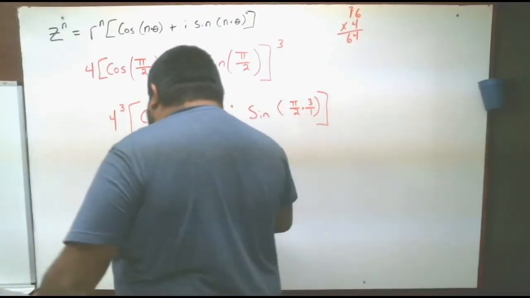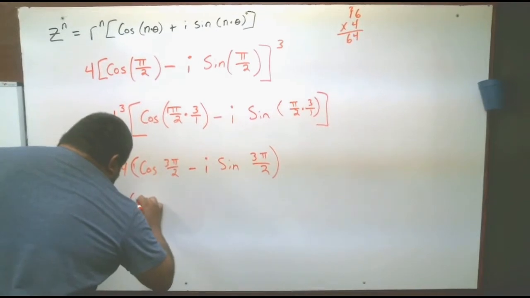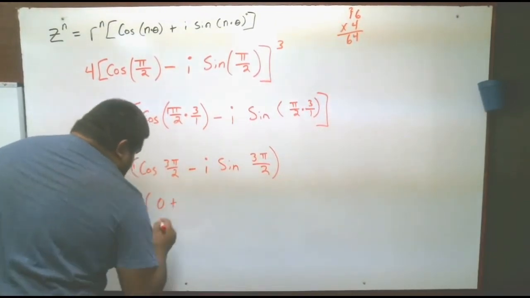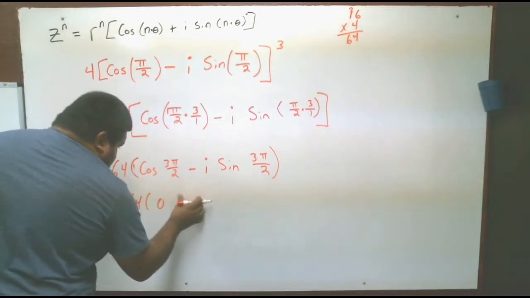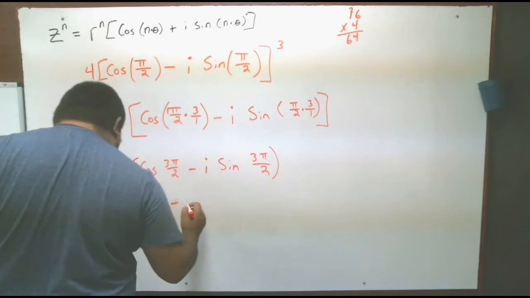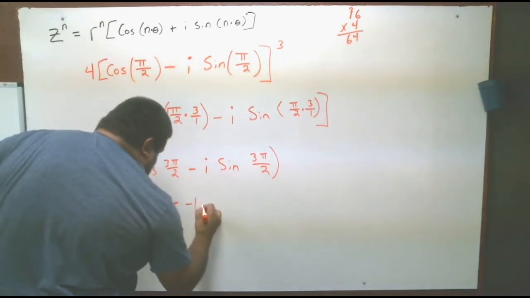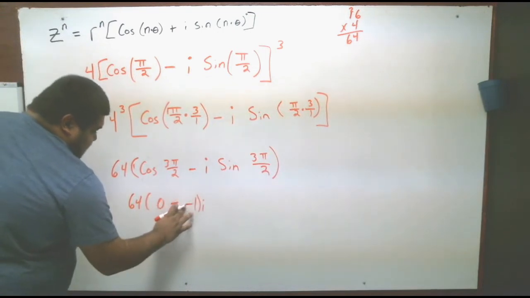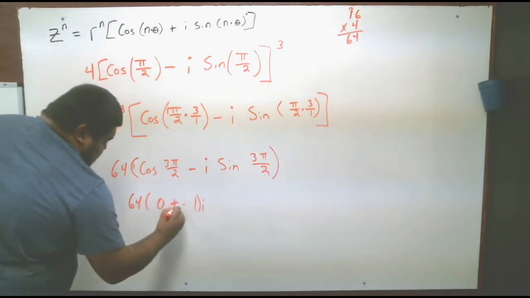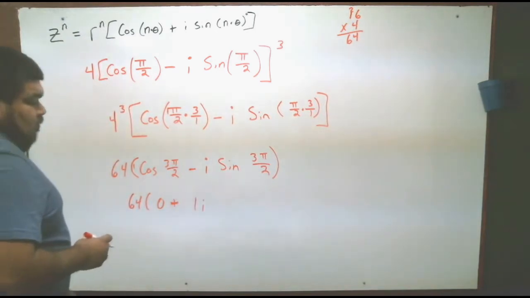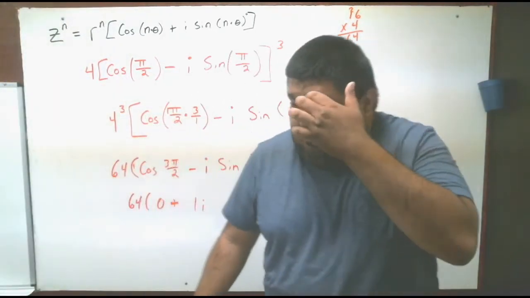So we can say 64, 0, in this case, minus minus 1i. Remember, negative and negative makes it positive. So technically we're going to get rid of this, make this a plus. So we have 1i, or i.